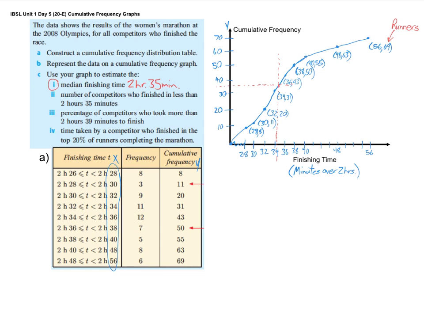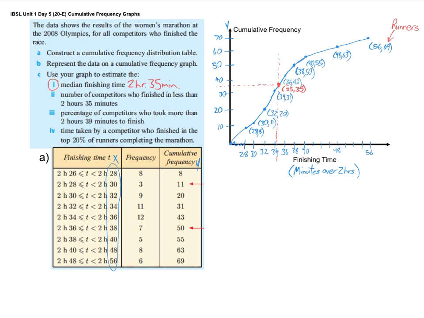I see where it hits the graph, and basically I'm looking for that point. That point is approximately 35. So the 35th runner finished at approximately 2 hours and 35 minutes. Okay?